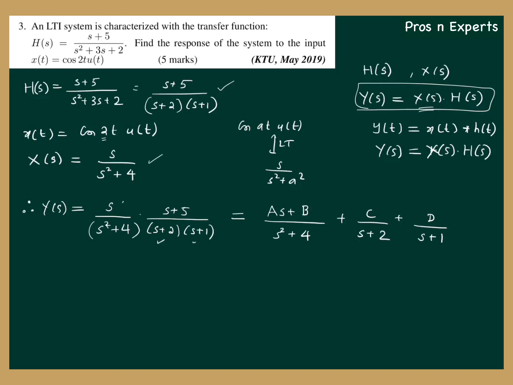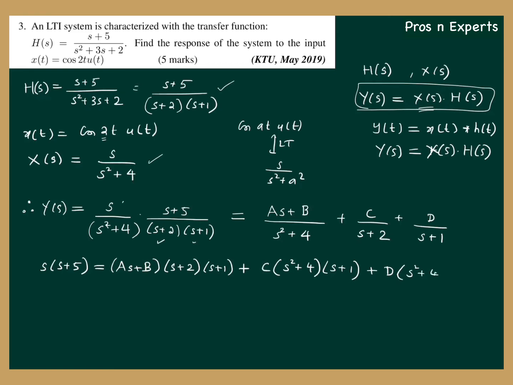Now let us take the LCM. Then you will get s into s plus 5 equal to As plus B into s plus 2 into s plus 1, then C into s square plus 4 into s plus 1, plus D into s square plus 4 into s plus 2.